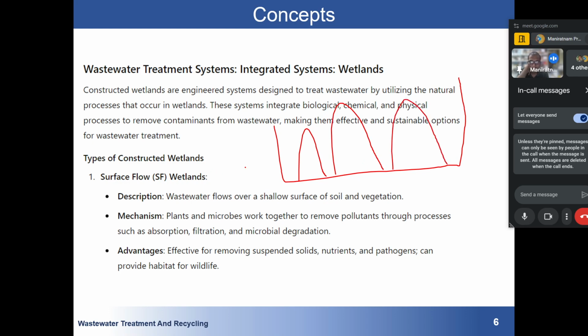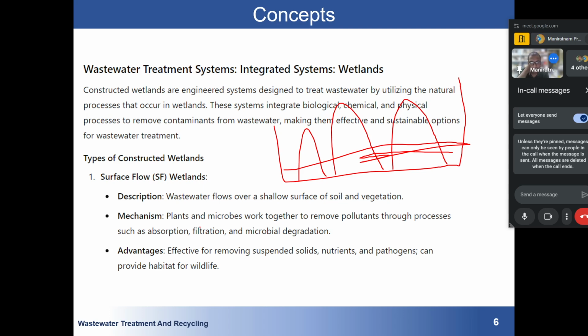Surface means it is just passing over the surface of the soil and vegetation. The wastewater will be allowed to pass through this shallow surface.